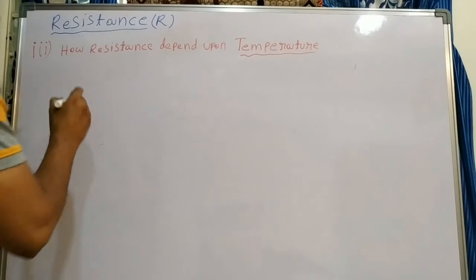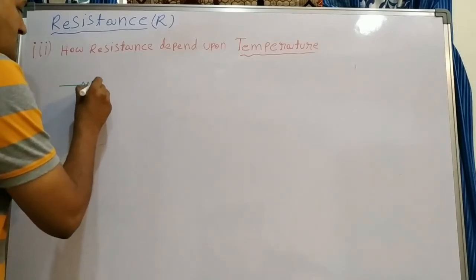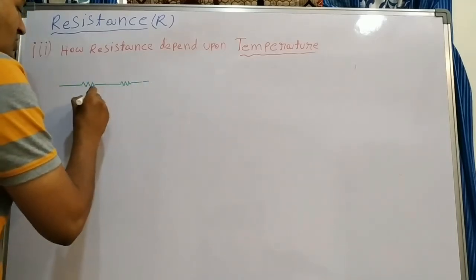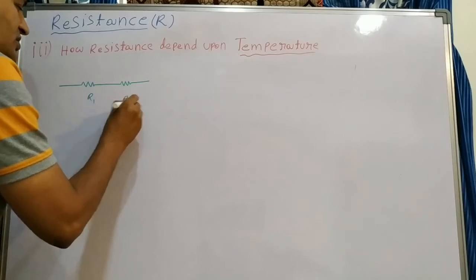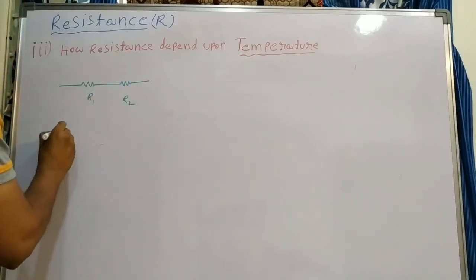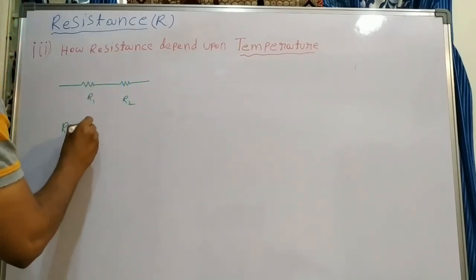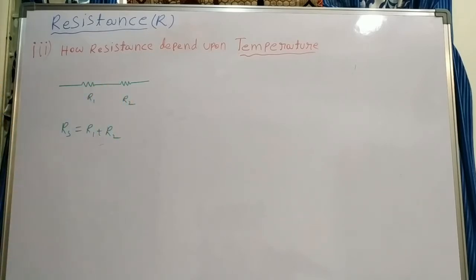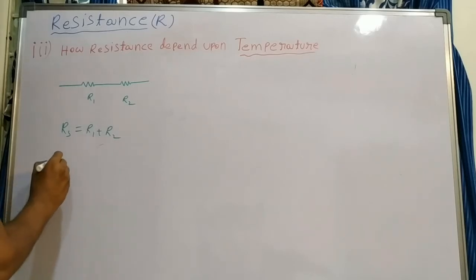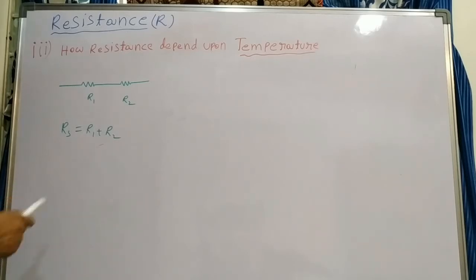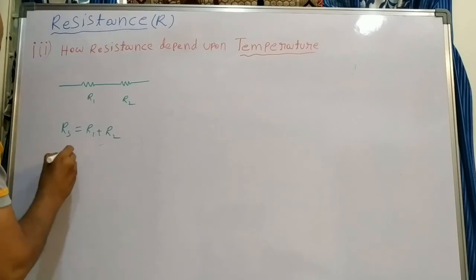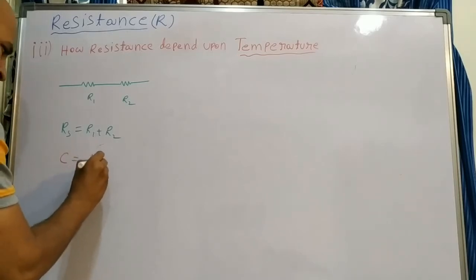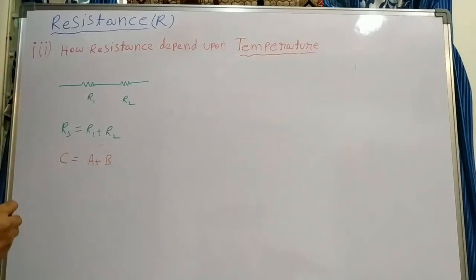Two resistors connected in series. R1, R2 are the resistors. For series resistance, we have this formula in 10th also, R series equal to R1 plus R2. This formula looks like C is equal to A plus B. In errors, what are we writing?